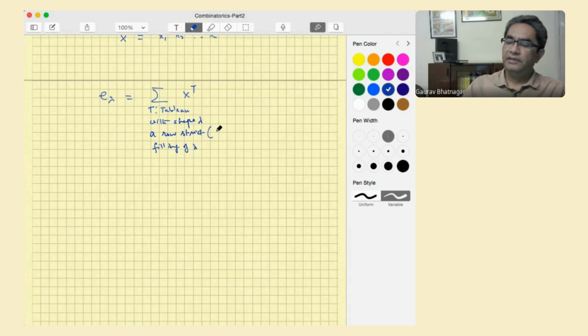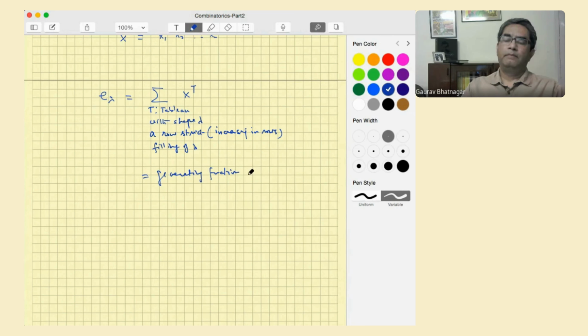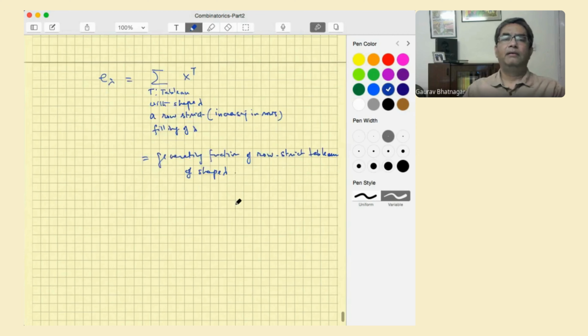Row strict means strictly increasing in rows. So it's a generating function of row strict tableaux of shape lambda.